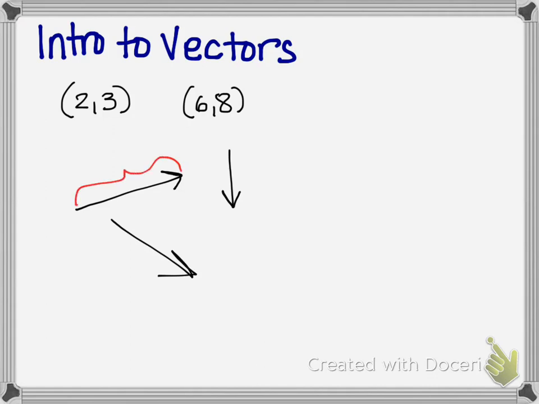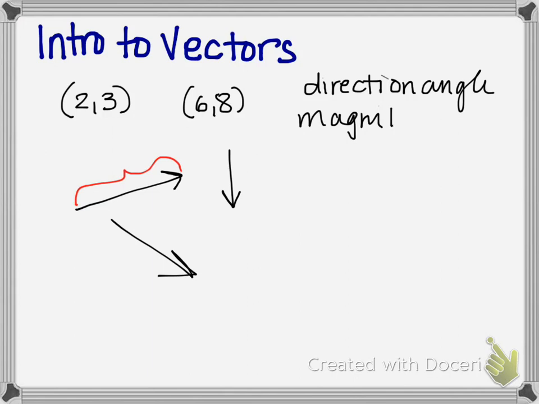These are two of the elements we would be looking for when we're examining a vector: the direction, we actually call it a direction angle, and the magnitude. The magnitude is going to be the length of the vector, and the direction angle is going to be its direction relative to the xy axis.